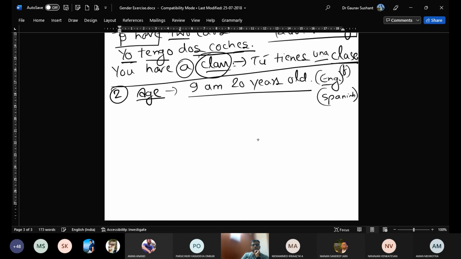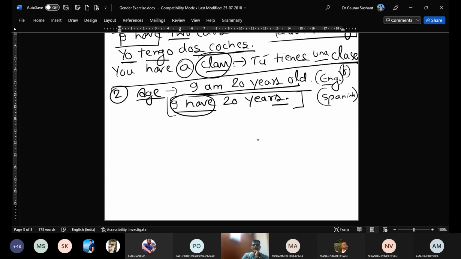I'm writing it in English: they generally say, I have 20 years. That's it. You need not translate the English directly into Spanish when telling your age. This is the structure you have to follow.